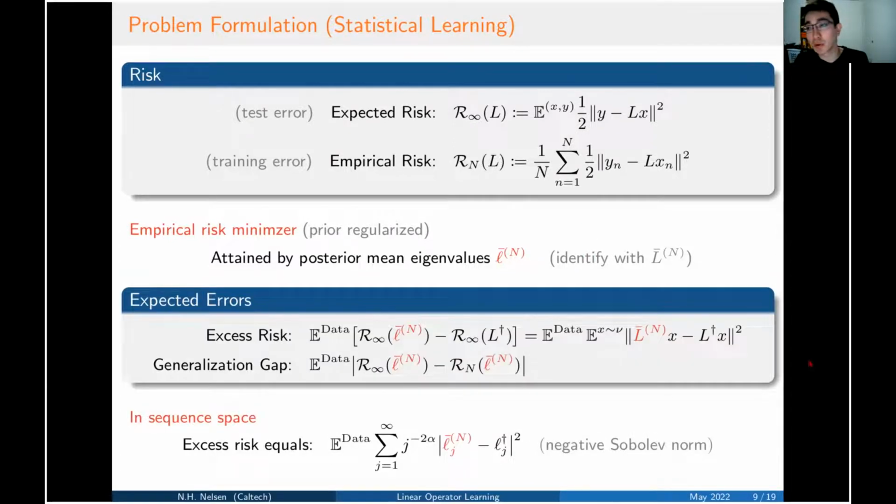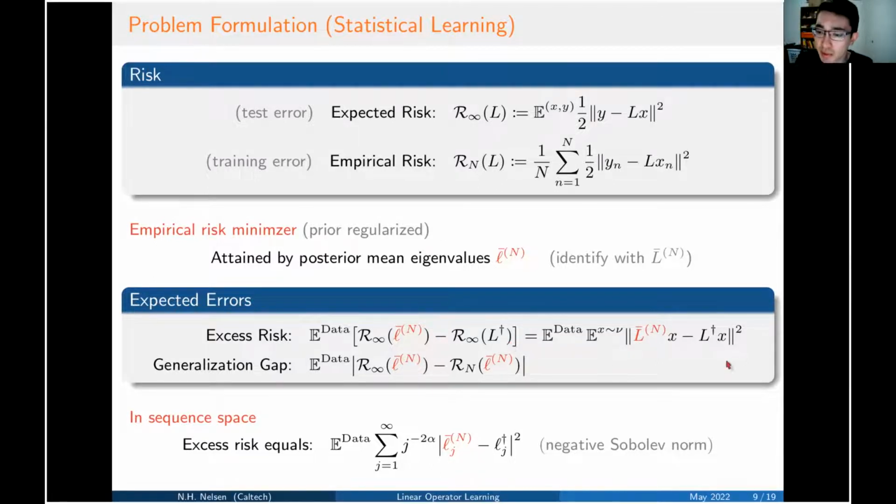And this leads to the following notions of error that we'll study. These are both types of generalization errors, which is a term that's thrown around a lot these days. The first notion of error is the test error, the excess risk. This is given by the true risk of our posterior mean minus the true risk of the actual truth operator.